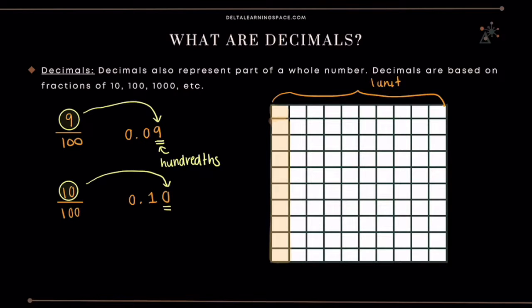And for decimals, sometimes when the last digit is a 0, we can simplify it and simply say 0.1. We also know that this is equivalent to 1/10. I can continue to shade this and shade 4 more pieces. This would now be 14 out of 100. And as a decimal, this would be 0.14. Again, with that last digit in that hundredths place.